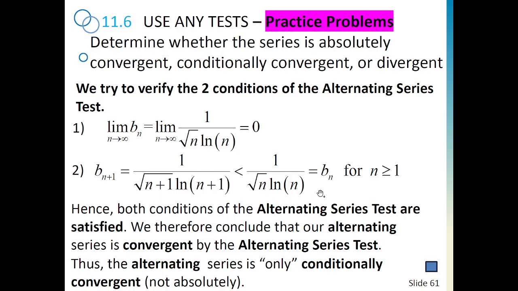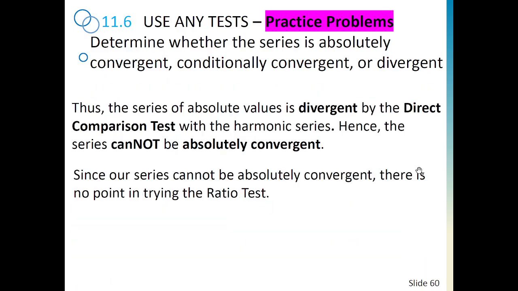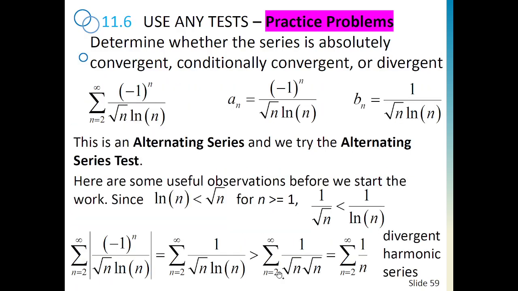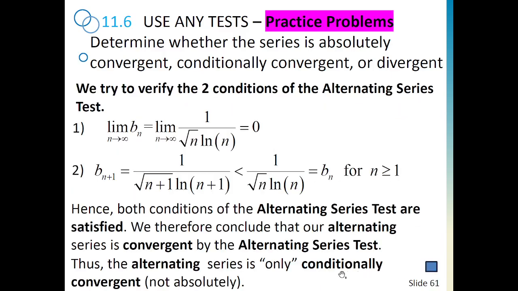So with the alternating series test, both conditions are straightforward to verify, so we can conclude that our alternating series is convergent, but we also know that it is not absolutely convergent, so it is only conditionally convergent. Those are some observations.